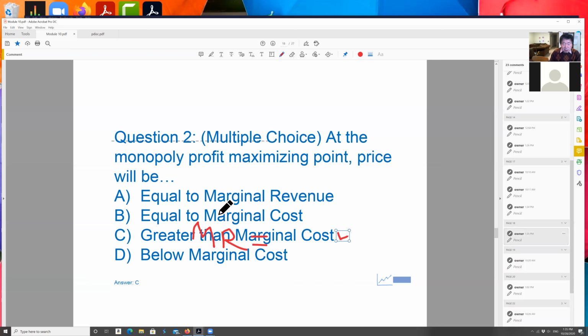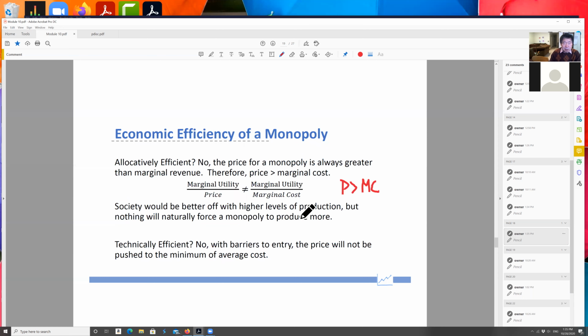And price is always greater than marginal revenue, because price is the average revenue curve, okay?